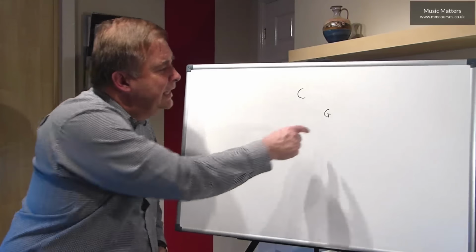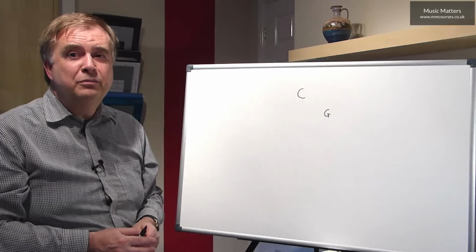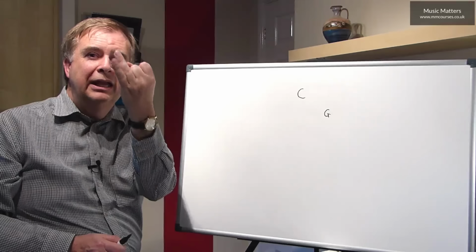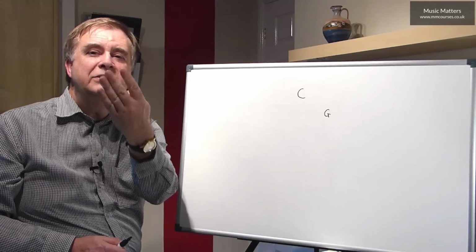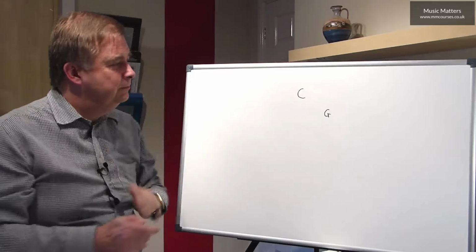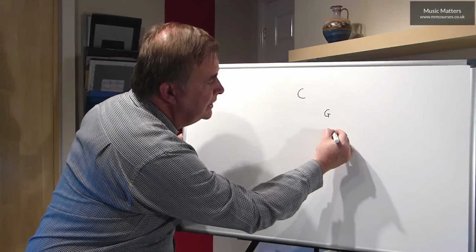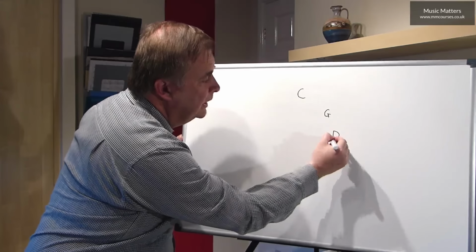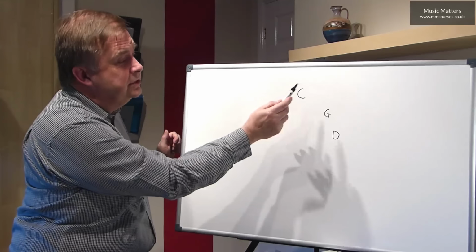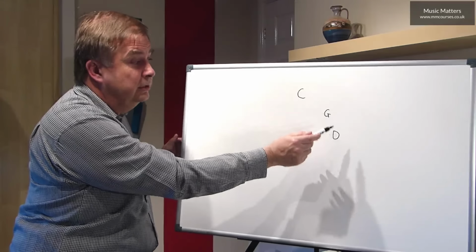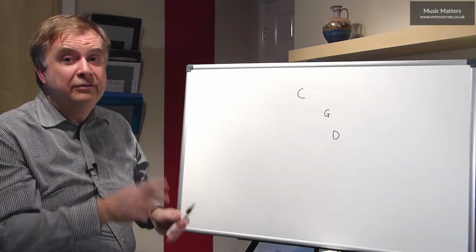Okay, let's carry on. Let's go up another fifth from G. So G, A, B, C, D. So D major is the next key. And if C major's got no sharps, G major's got 1 sharp, D major is going to have 2 sharps.